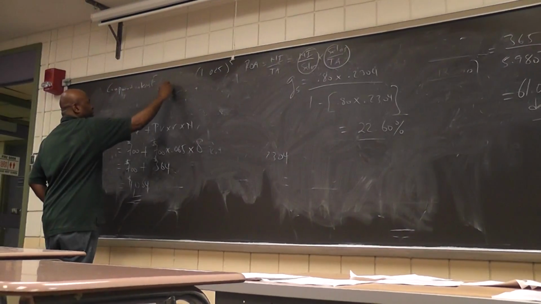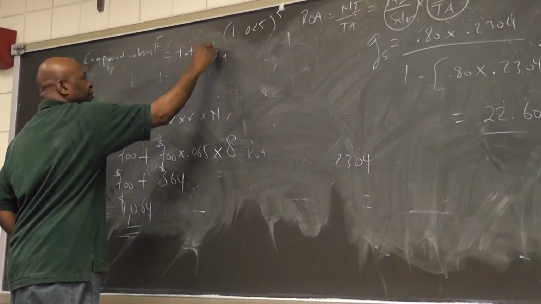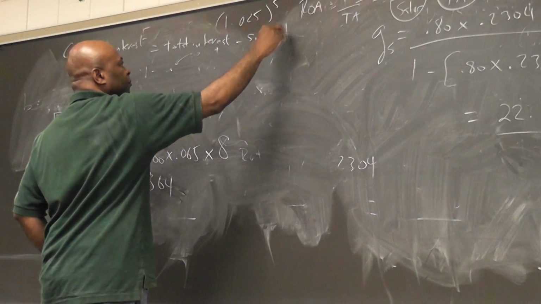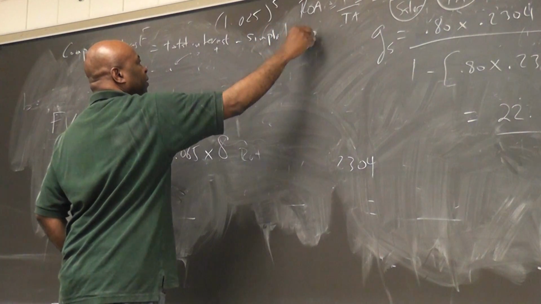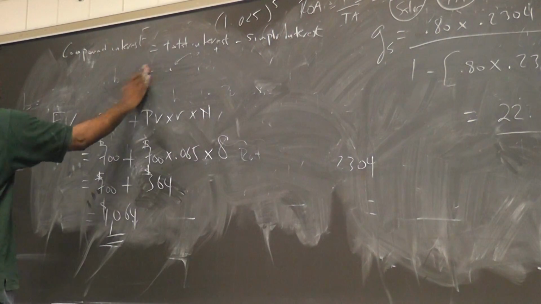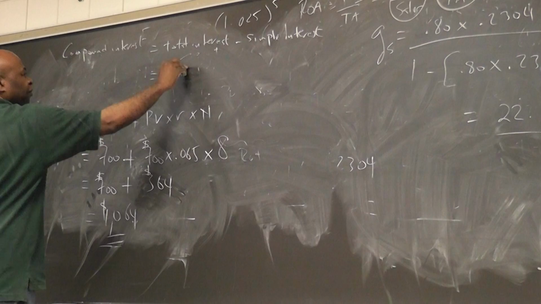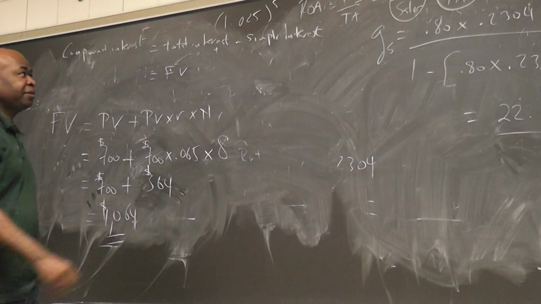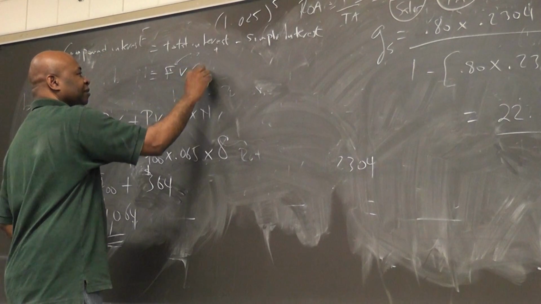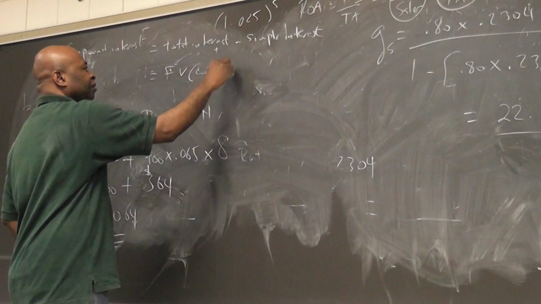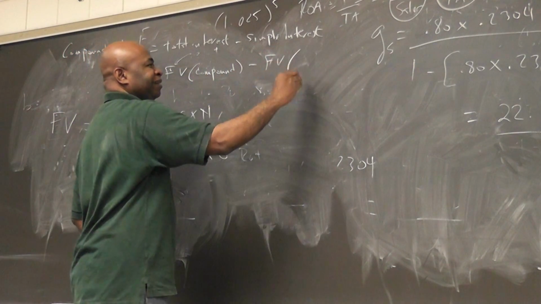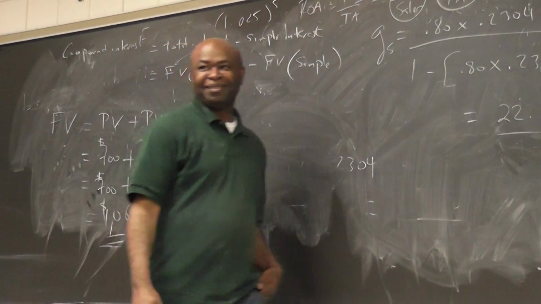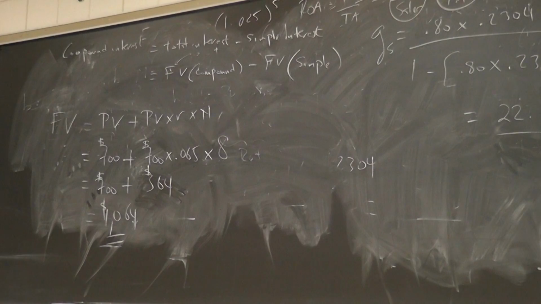It is total interest minus simple. Or another way to do this is to say that it is the future value with compound interest minus the future value with simple. That will also give you the answer.